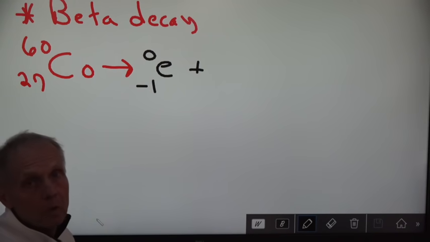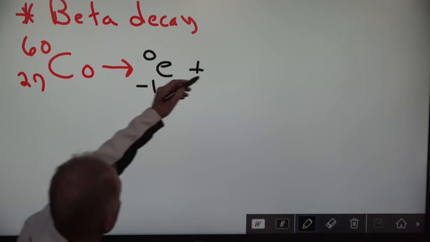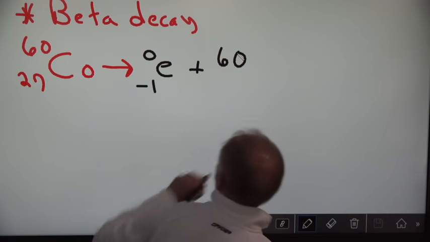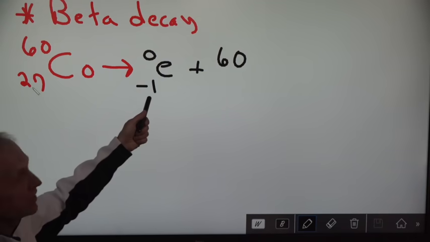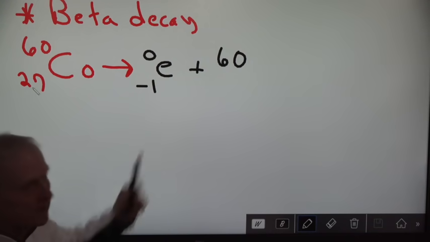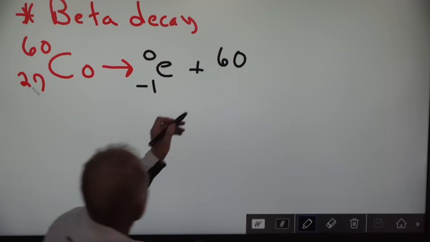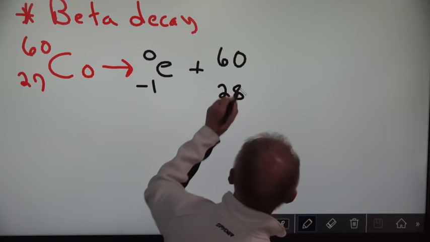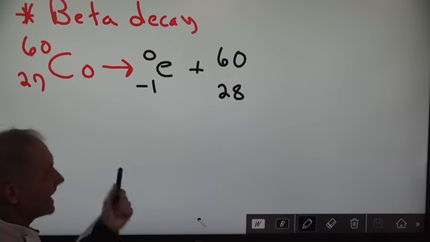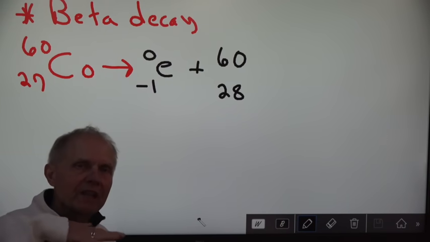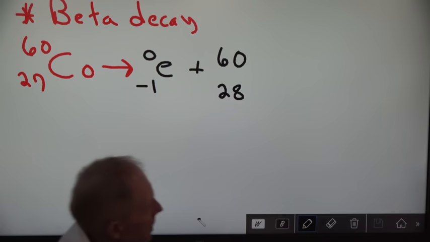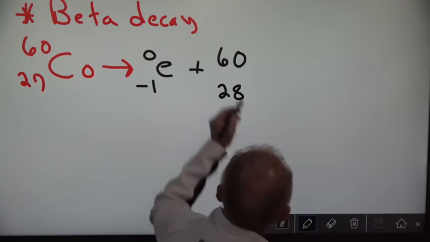So 0 atomic mass, so 60 over here. The new radioisotope is going to have a mass of 60. That's 27, but that says -1. And if there's 27 on this side, there's got to be a total of 27 on that side. So we got to put 28, because 28 minus 1 is 27. So here, the atomic mass stayed the same for beta decay, but the atomic number went up by 1.